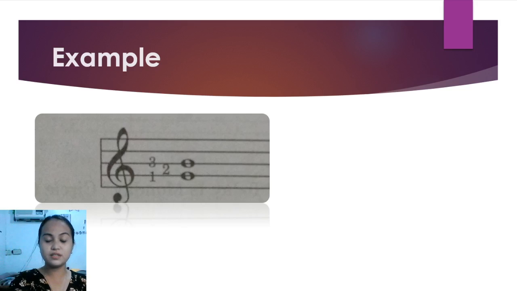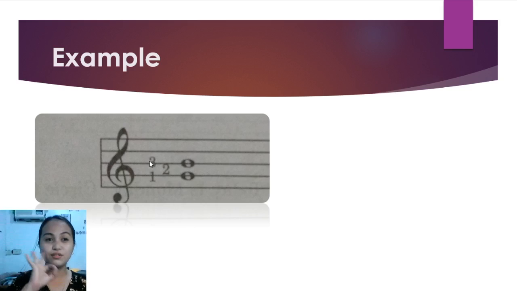So, in the first example, let's count. The first note is located on the line. Line. Next, we will count space. And next, we will count line. Okay. What is the interval? Line number 1, space number 2, line number 3.